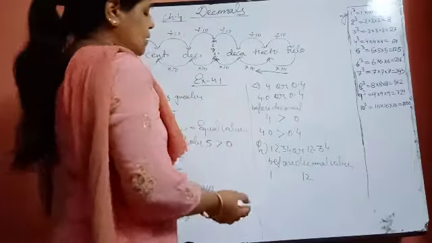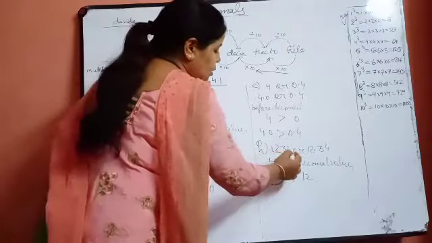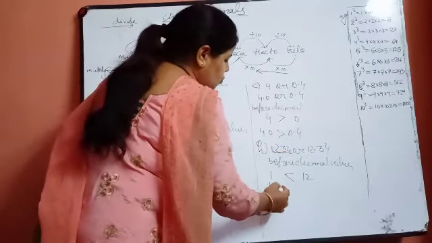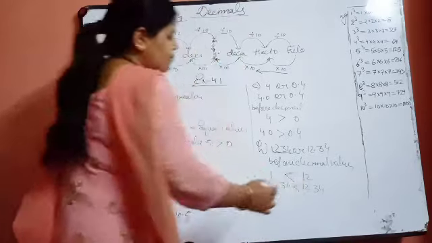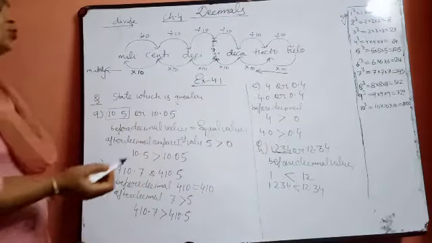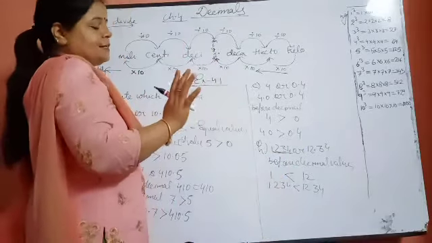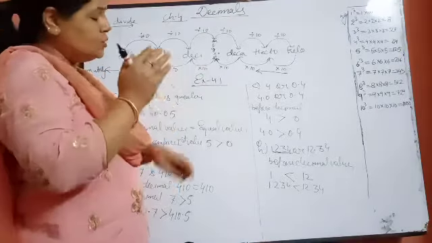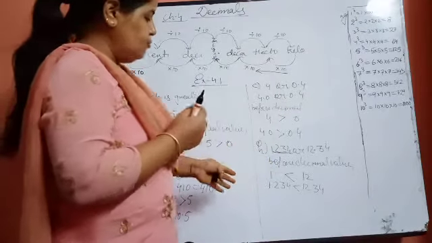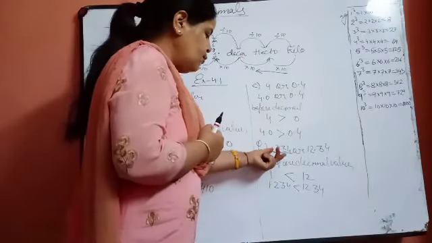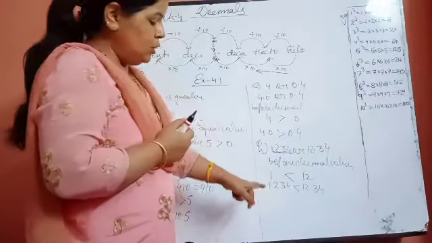So you can decide that 1 is smaller than 12, so you put this sign. In this way you can conclude that 1.234 is smaller than 12.34. There is no need to compare the after decimal value. If it has been decided by the before decimal value, then there is no need to move further. Here before decimal values, it is already concluded that this one is smaller, so no need to go further.